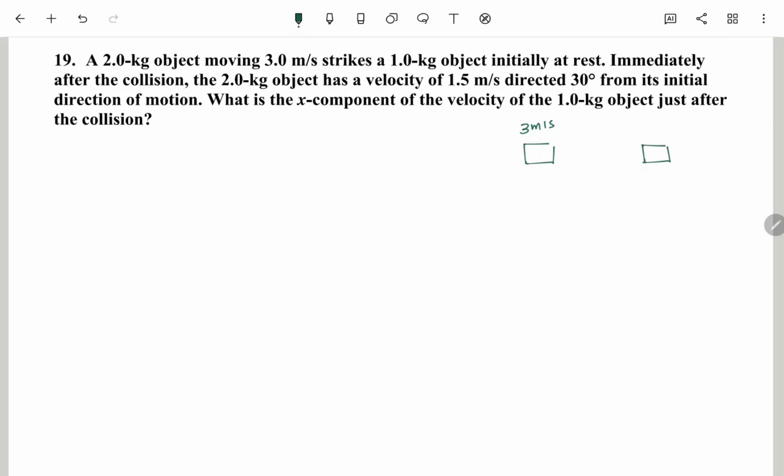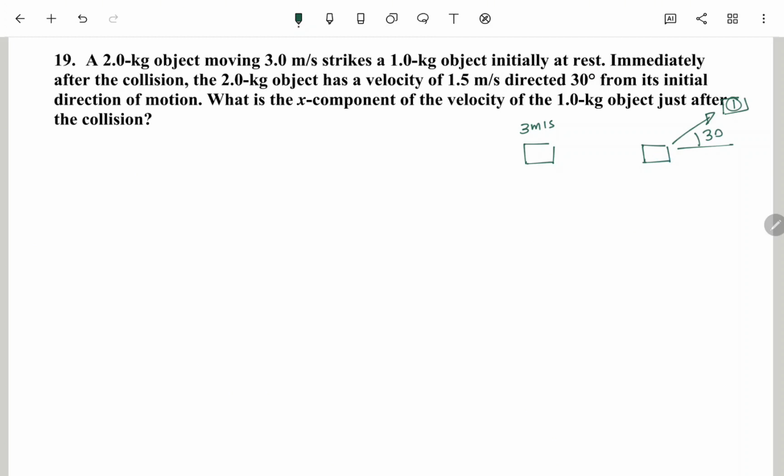After the collision, the 2 kilogram object moves with speed 1.5 meters per second, directed 30 degrees with the horizontal. We would like to find the x component of the velocity of the 1 kilogram object after the collision. So we need to find Vx for this one right here.